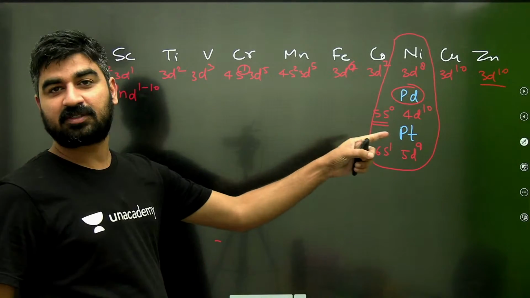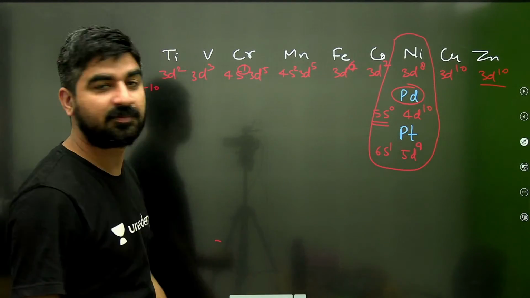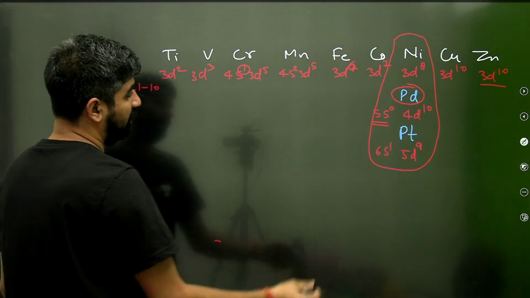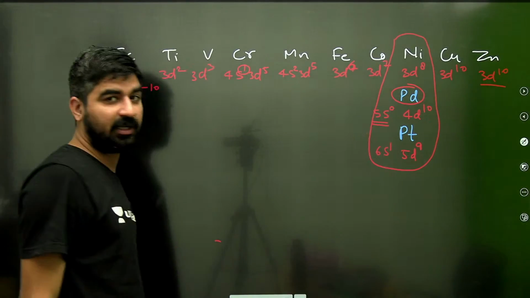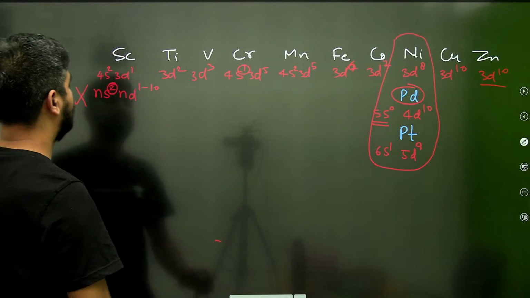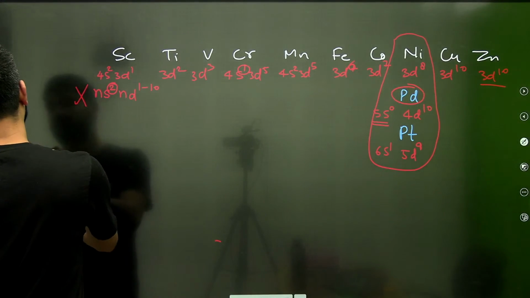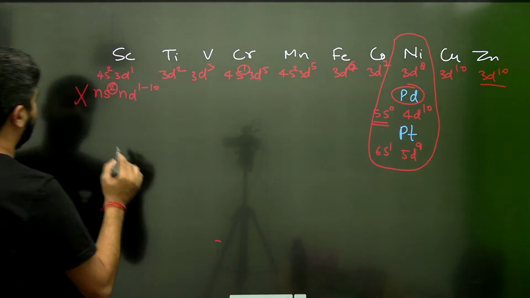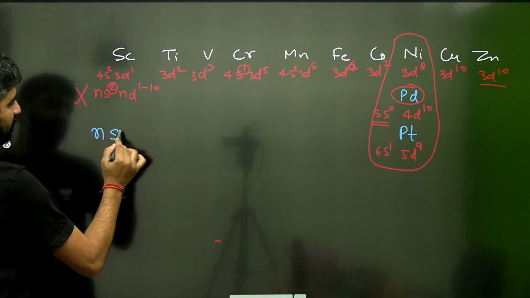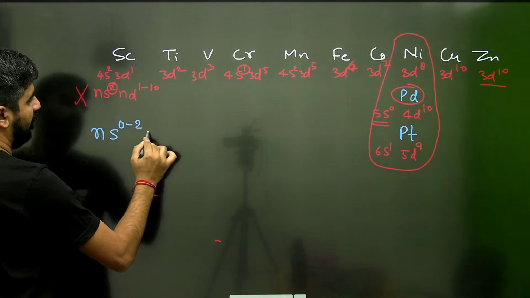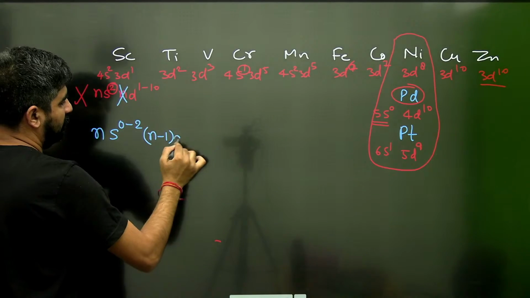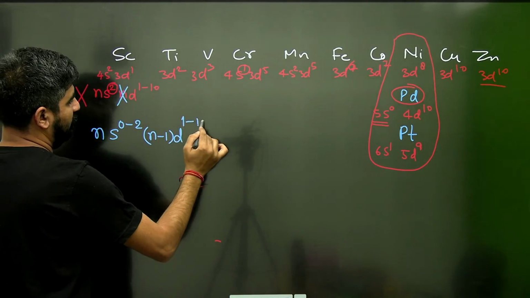And if it is having 0 electrons, what would happen, guys? Now I will tell you. If it is having 0 electrons over here, then the general configuration that I have to write would be ns0 to 2 and (n-1)d1 to 10.